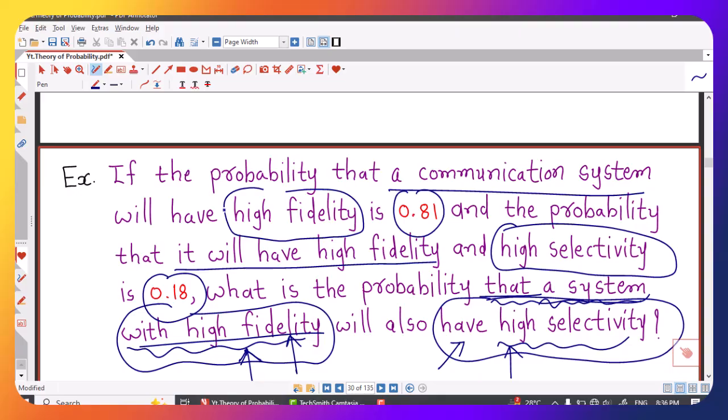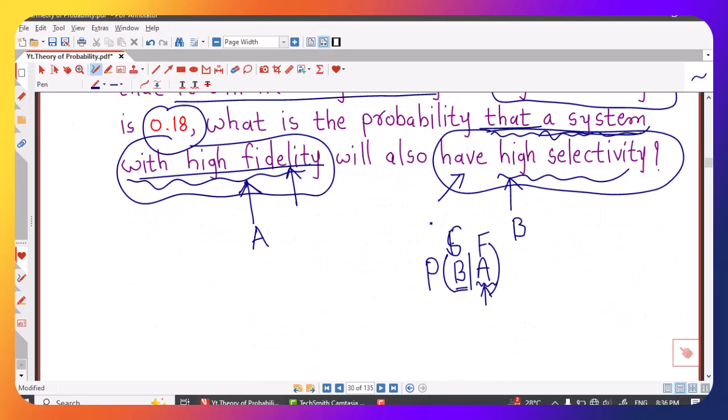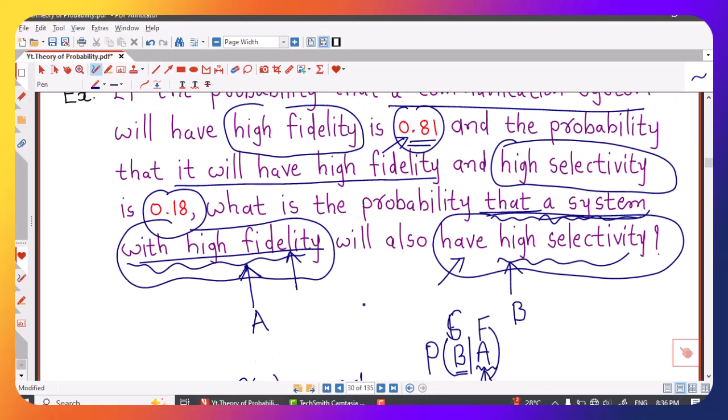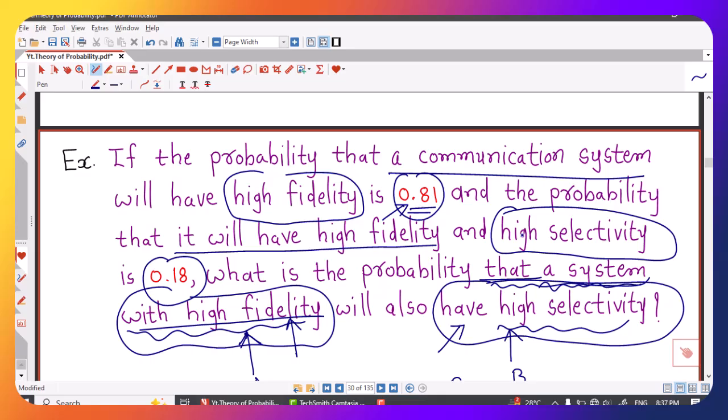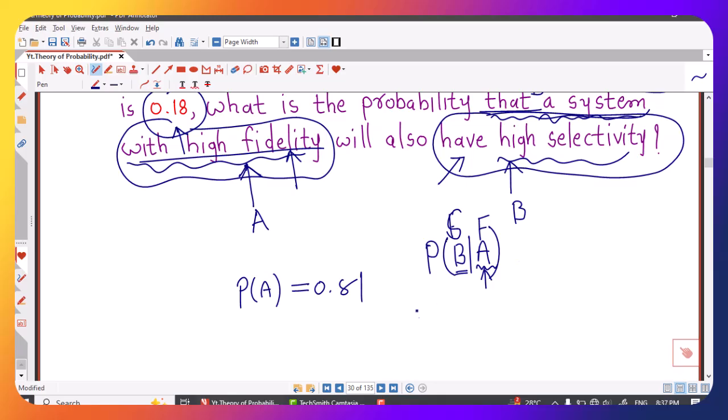The probability of high fidelity is 0.81, that is, we are given the probability of event A. We are also given that the probability that it will have high fidelity and high selectivity is 0.18, that is, the probability of A intersection B is 0.18.